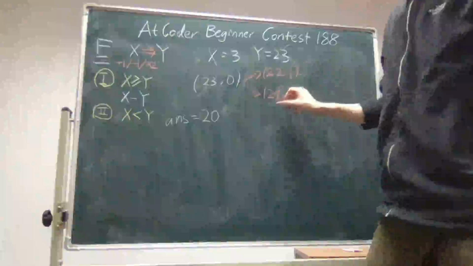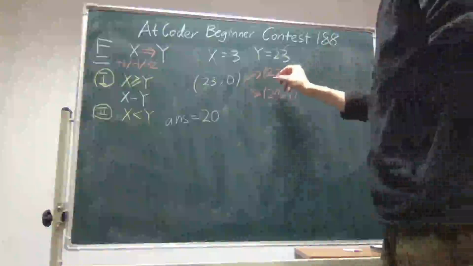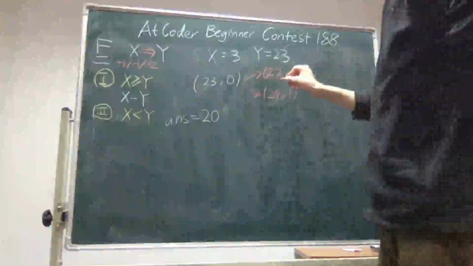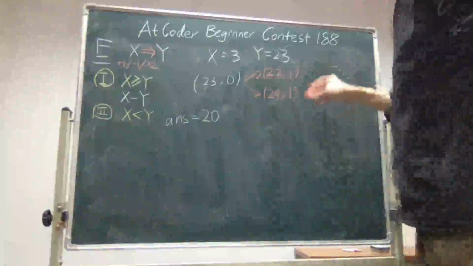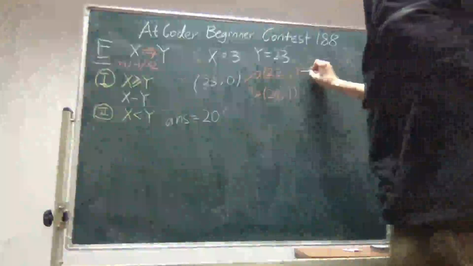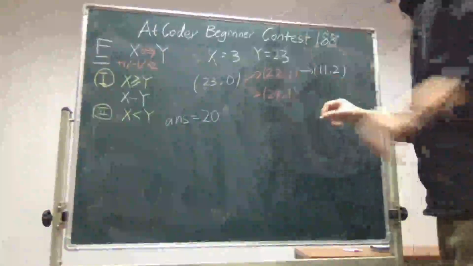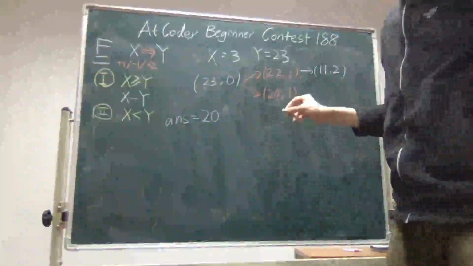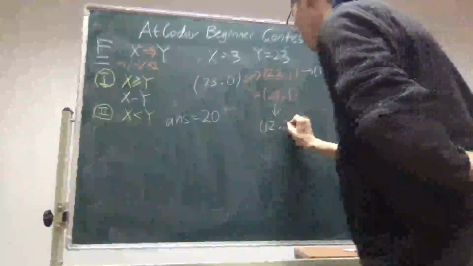And these two cannot update the answer. Then we come to 22, 1. Since 22 is even, we will go to 11, 2. And from 24, 1, we will go to 12, 2.